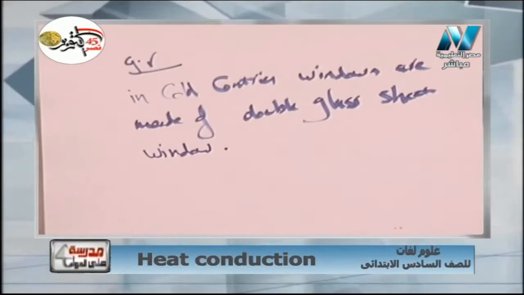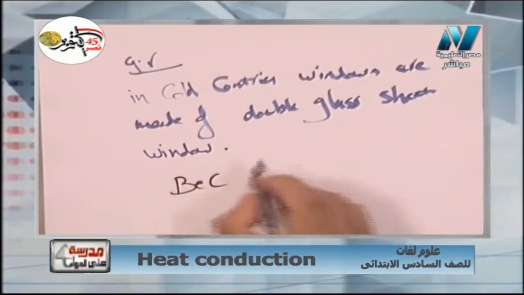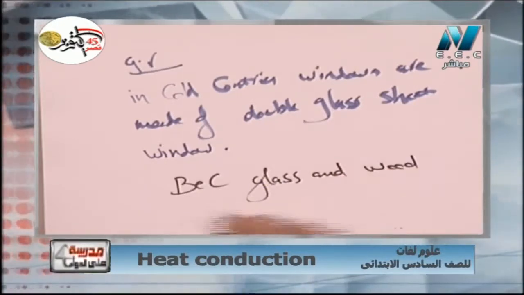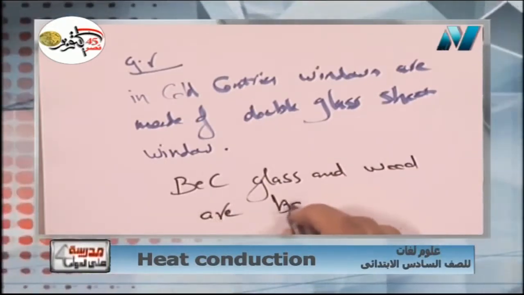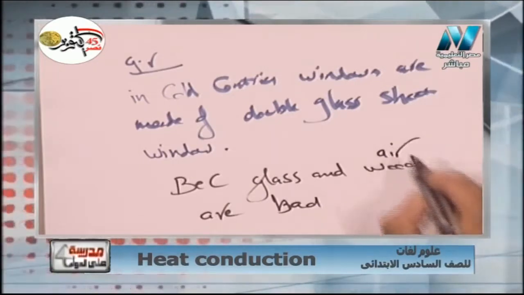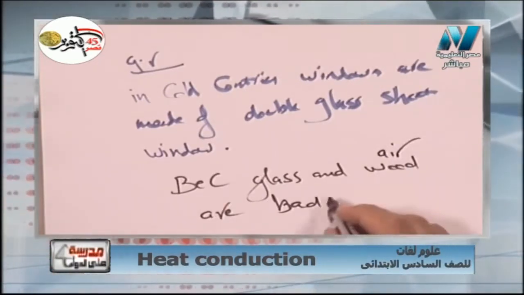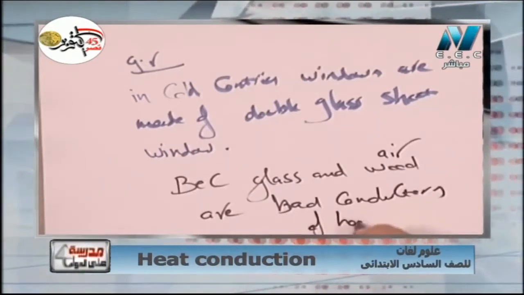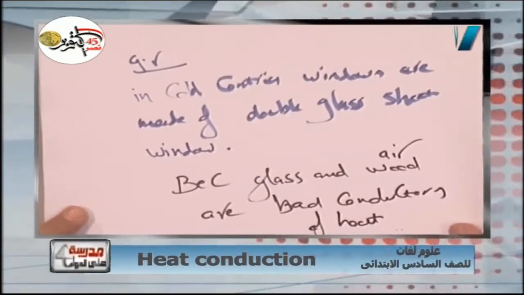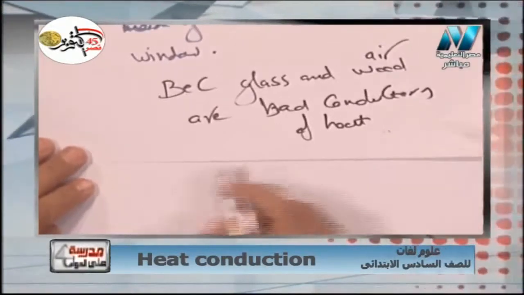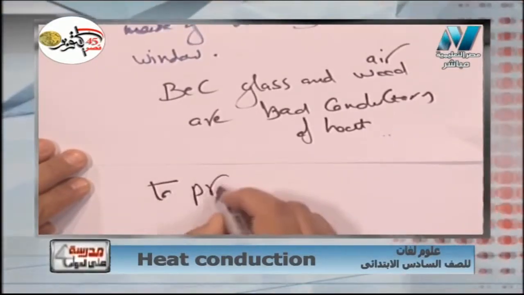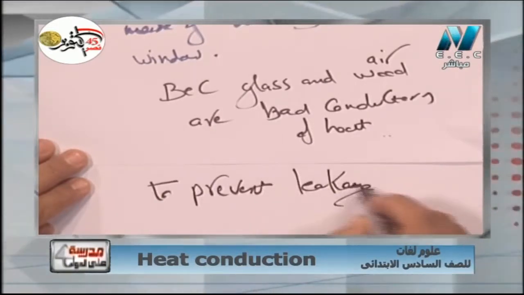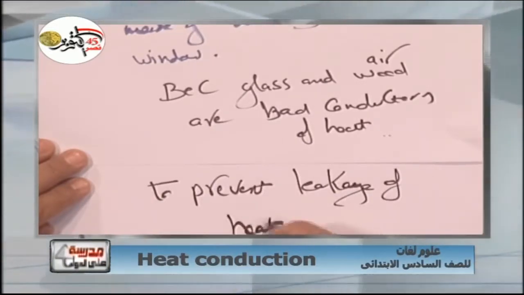Because, as I said before, glass, air and also wood are bad conductors of heat. Okay? Or I have another answer. I can say to prevent, عشان تمنع, to prevent leakage of heat، تمنع تسرب الحرارة.